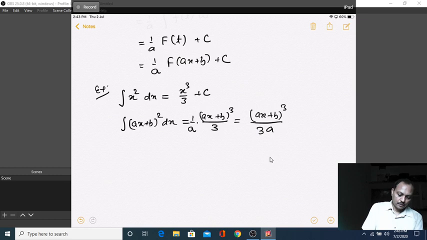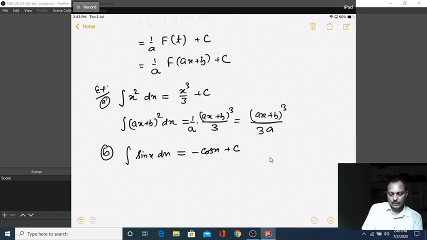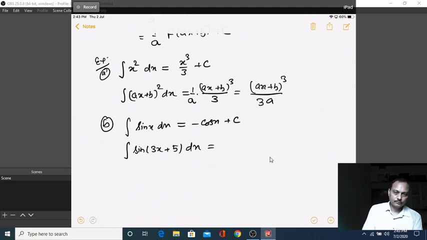Similarly, another example, like you know very well that integration of sin x is minus cos x. But if it is given integration of sin of 3x plus 5, then what will be the integration? The integration of sin x is minus cos x. So suppose 3x plus 5 is a new variable, we can take capital X, then its integration will be minus cos X, that is cos of 3x plus 5.